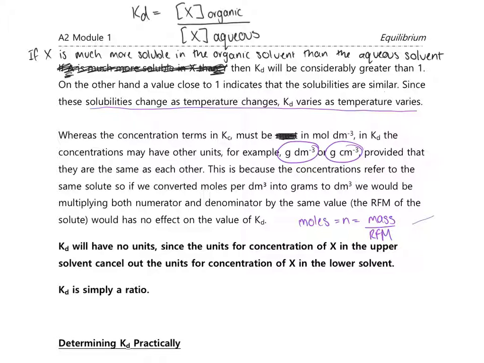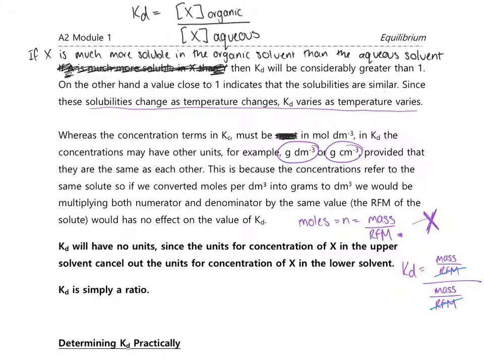When we're converting to that, we'll have a concentration for our organic layer and a concentration for our aqueous layer, but they'll both be in terms of the concentration of our solute X. X is obviously going to have the same RFM, and so when we think of KD as mass over RFM divided by mass over RFM, our RFM is going to be exactly the same, and so they cancel out.